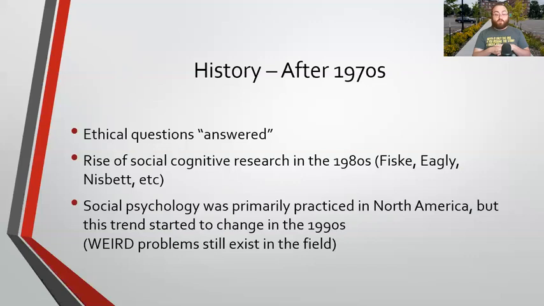Many people doing social psych research and many of the studies cited in your textbook are WEIRD. And of course, you'll learn later in class that WEIRD refers to Western, educated, industrialized, rich, and democratic cultures.